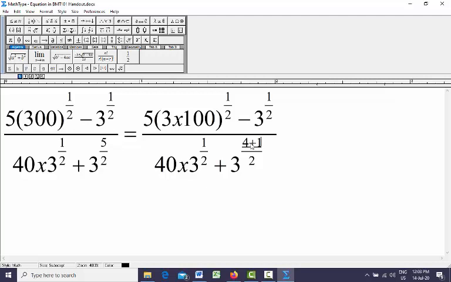So we can write it like 4 plus 1. This 5 we can break it like 4 plus 1, right?